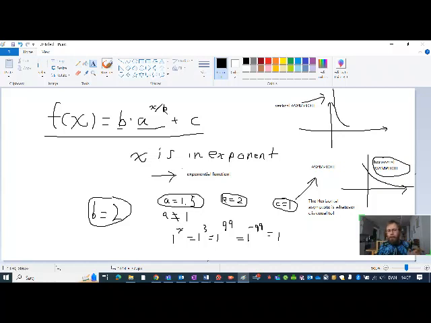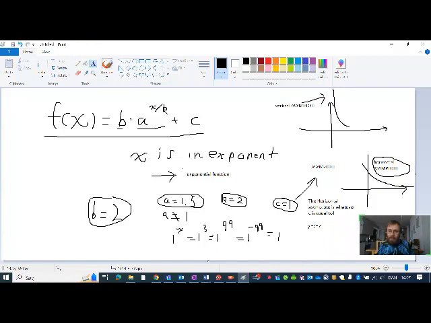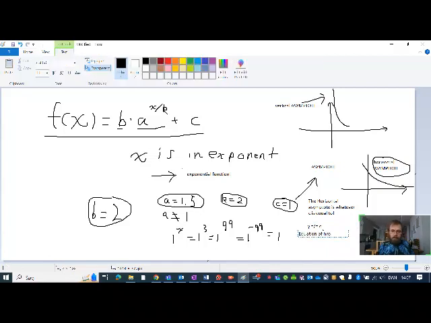You will find many IB questions that ask you, could you please tell me what the horizontal asymptote of this curve is? And you'll say, certainly, of course I can. The horizontal asymptote is y equals 1, or y equals c, more generally. That would be the equation of the horizontal asymptote.